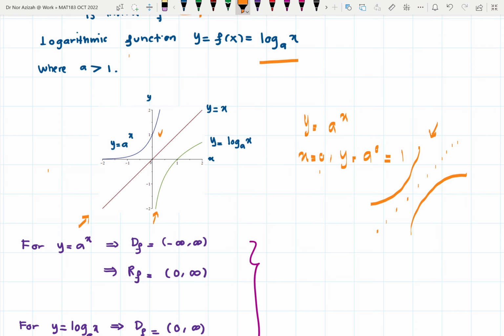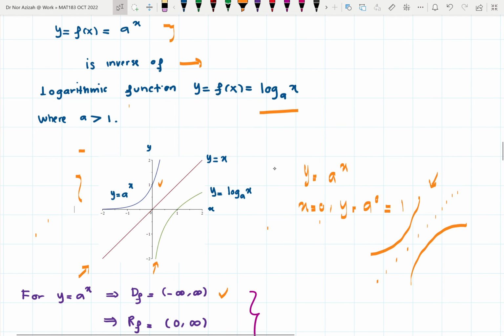You can see that the domain of f here starts from negative infinity until infinity. For y equals a to the power of x, you just consider this function here. So you can see, what is the value for y?